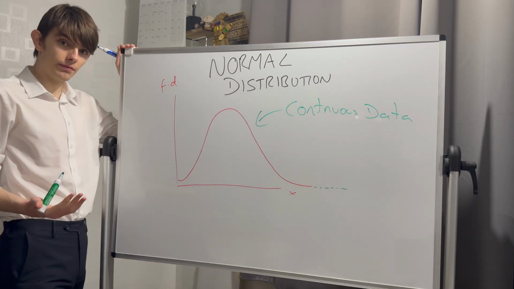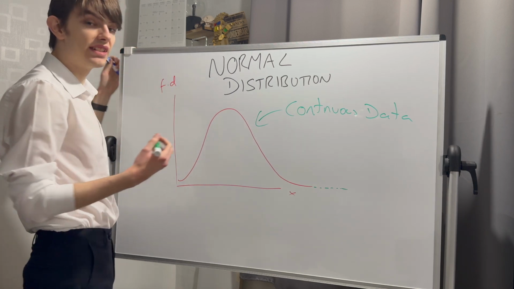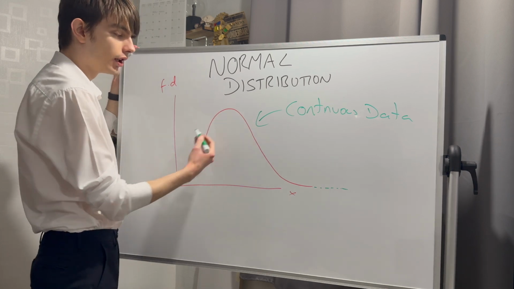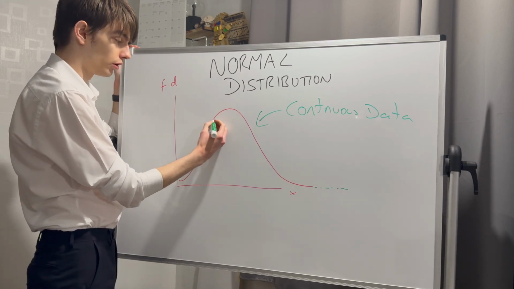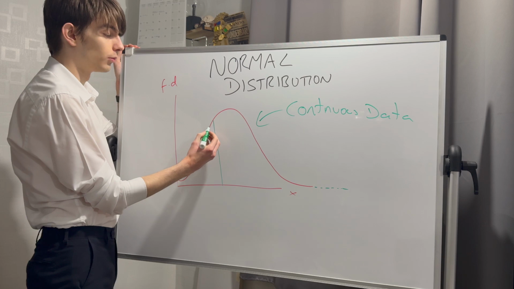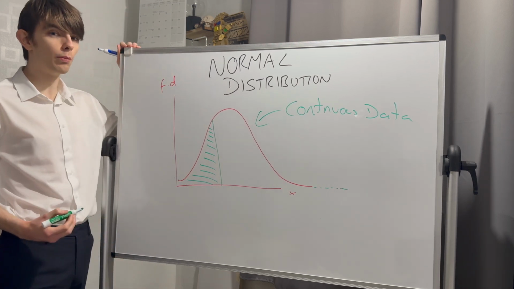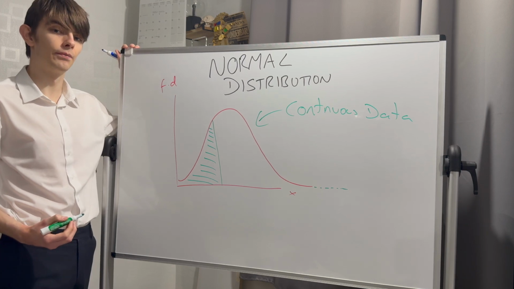The other bit is rather a nice detail that will come up quite often, which is the area under any section of a normal distribution is equal to the probability of that occurring.